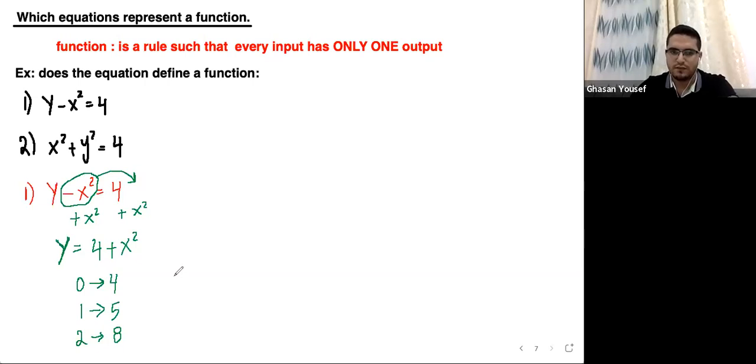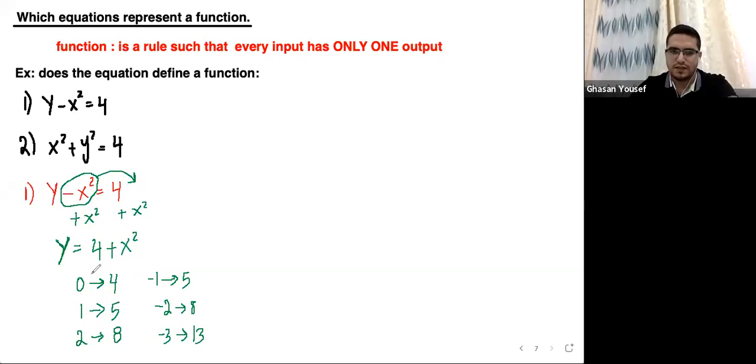And the same thing for negatives. If I plug negative 1, 1 squared is 1, plus 4 is 5 again. Negative 2 gives me 8. Negative 3, same thing: 3 squared is 9, plus 4 is 13.